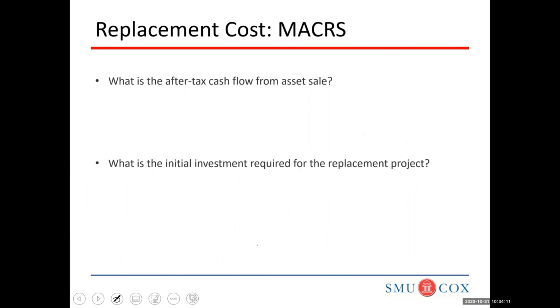What is the after-tax cash flow from the asset sale? They'll sell the machine for 40,800. They'll pay tax of 3,761, and then I'll get net proceeds of 37,038. And then the initial investment, so this is to replace a machine.